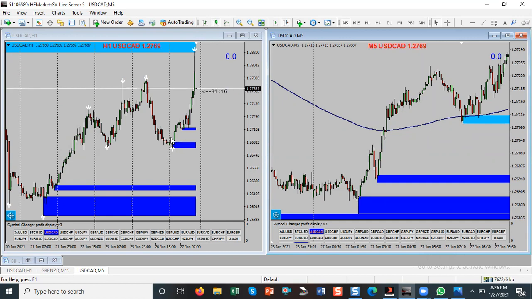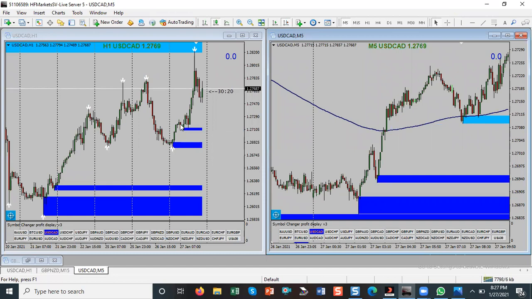So price traded away from it, which is this one in the 5 minutes time frame. Price traded away from it, and we were now waiting for price to come back to retest it. On its way back, it decided to create another demand zone here, and price traded away from it.